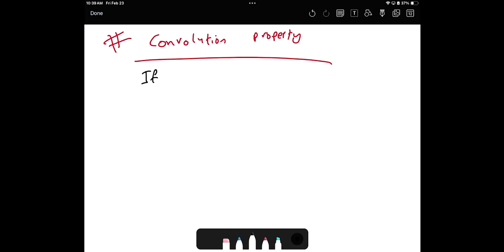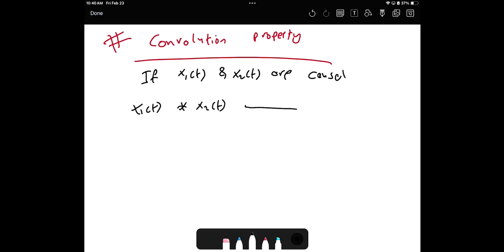So this happens if x1 of t and x2 of t are causal. Then x1 of t convolved with x2 of t, when we do the Laplace transformation, will be x1 of s times x2 of s. It will be products.